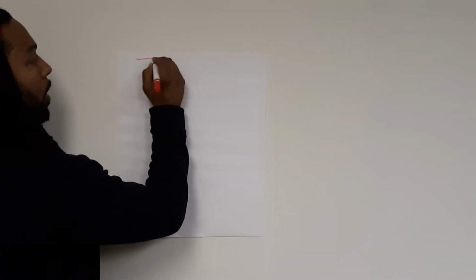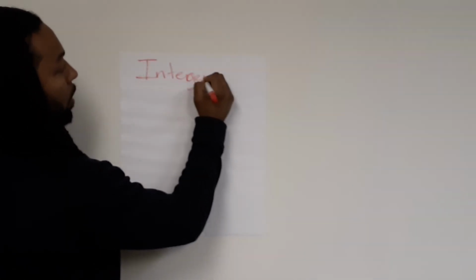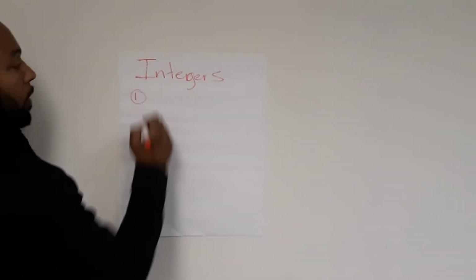People don't have a difficult time with adding and subtracting positive integers. The biggest problem tends to come in when we're adding and subtracting positive and negative integers. So here are a few key rules. Rule number 1.